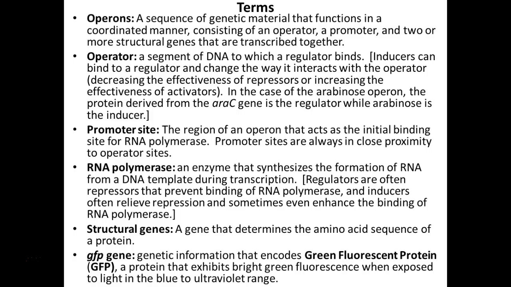And then, of course, RNA polymerase is the enzyme that actually binds to DNA and copies it into messenger RNA. Structural genes make something, typically a protein, right? That's the most common gene product. You've got DNA, you've got messenger RNA, you make a protein.